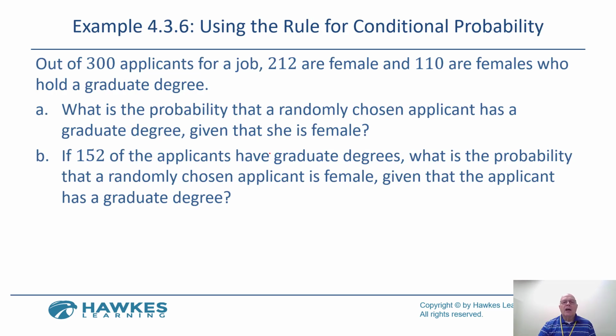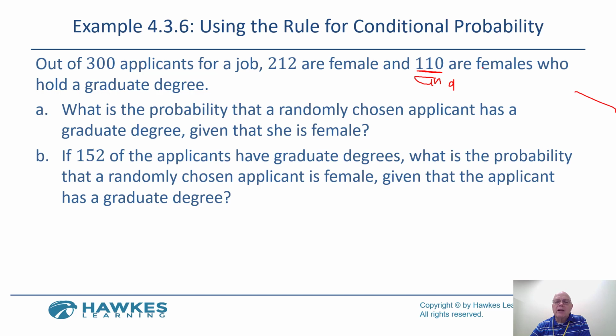So here's another one to look at. You've got 300 applicants for a job, 212 are female, 110 are females who own a graduate degree. So notice, these are an and statement.